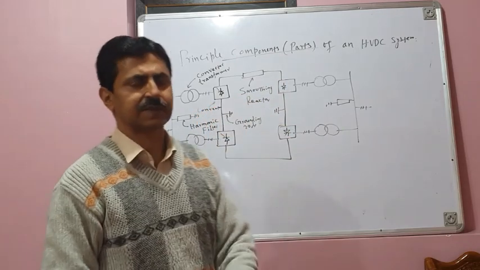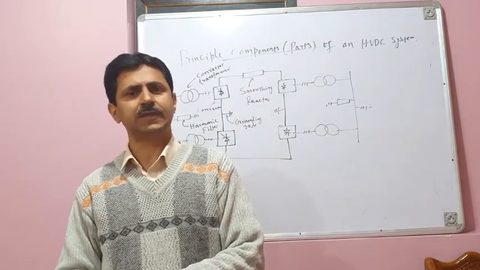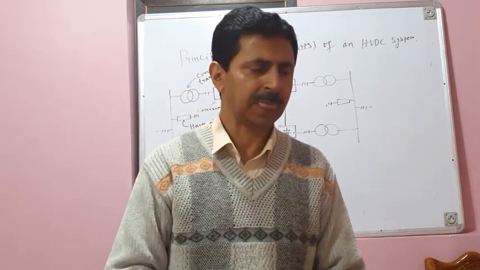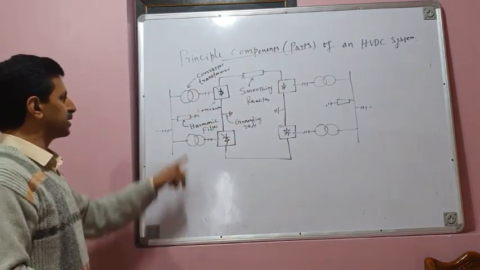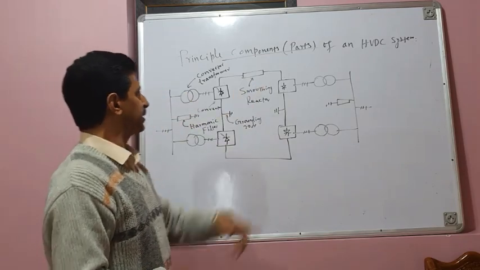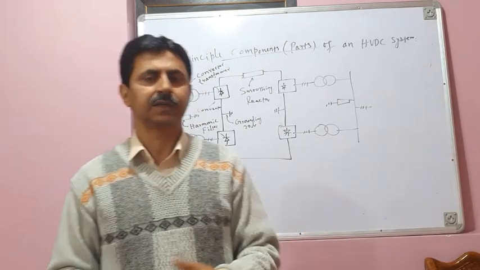So these are various parts or principal components of a bipolar HVDC system, which is very widely used HVDC power transmission system. Various components are harmonic filters, converter transformers, converters themselves, smoothing reactor, grounding rods. These are the main parts.